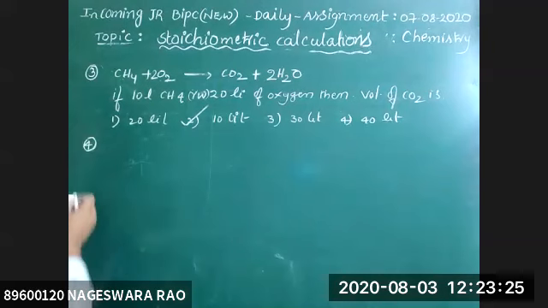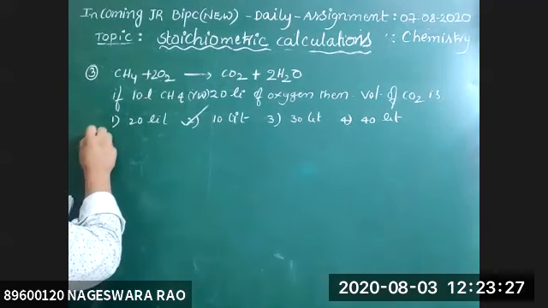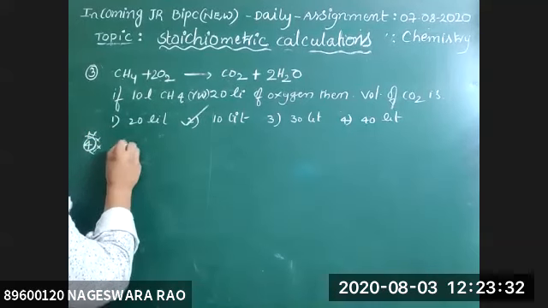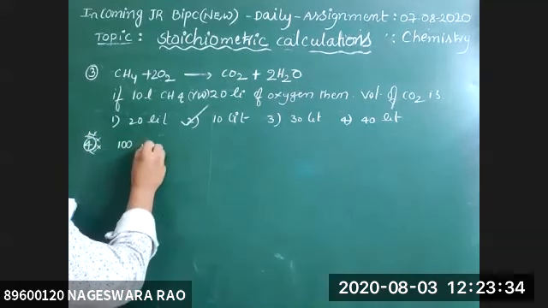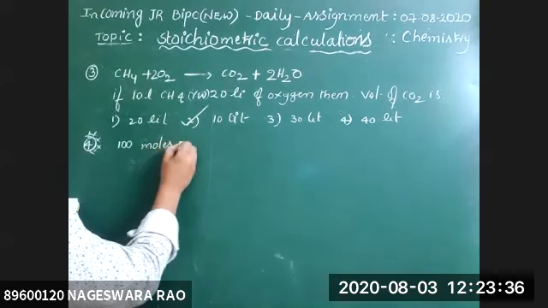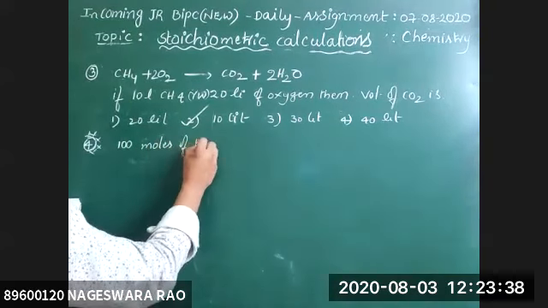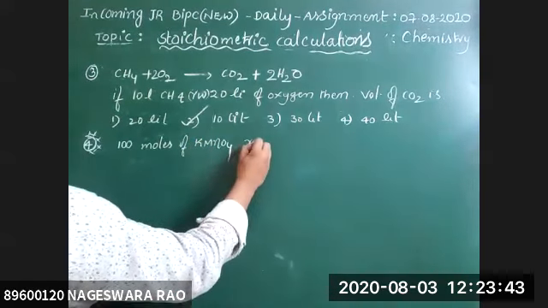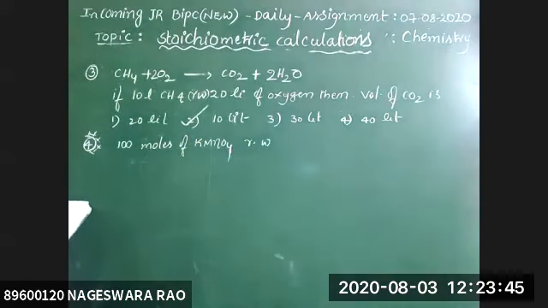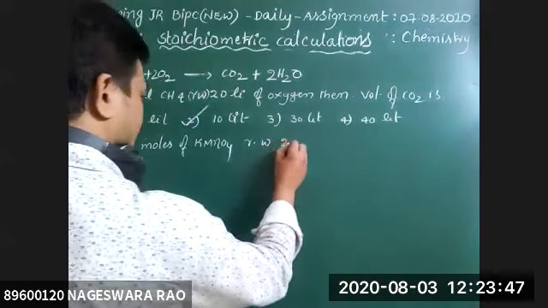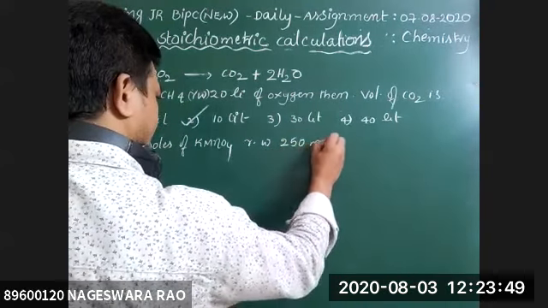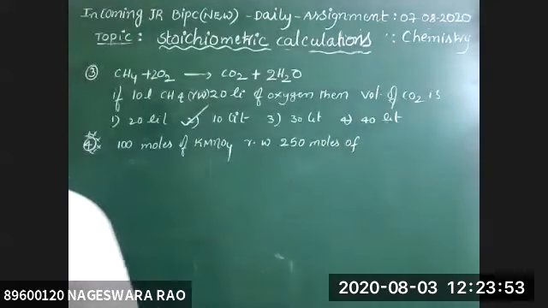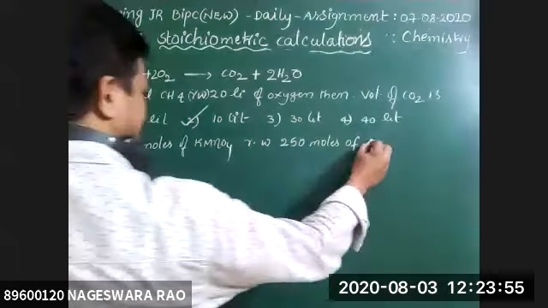So next, question number 4. Very important question. This question is very useful for you. Don't miss it, students. 100 moles of KMnO4 reacts with 250 moles of oxalic acid.